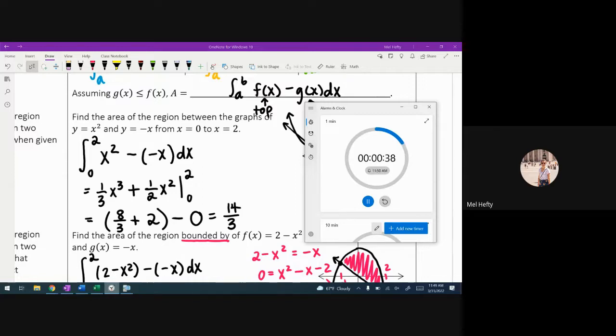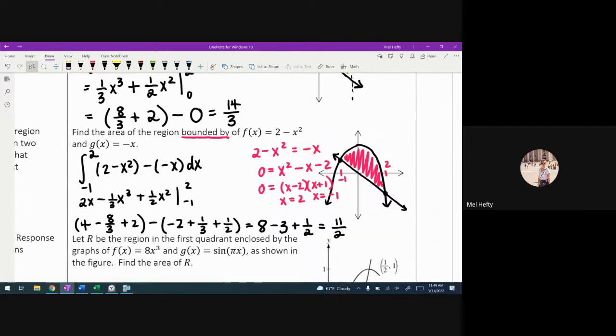That looks good. So where did I make a mistake? Oh, I didn't distribute my negative, did I? Yep, I forgot my negative. Team fractions.